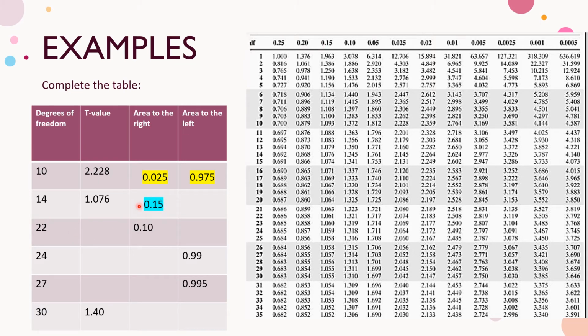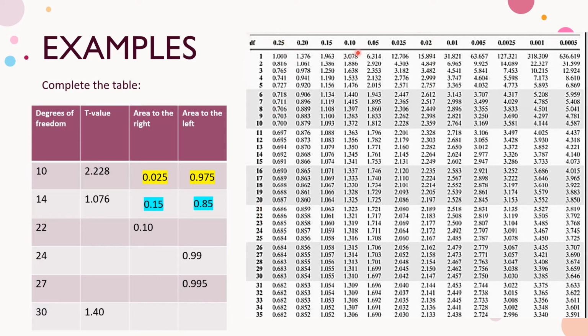So we can write here 0.15, and the area to the left is of course 0.85 because 1 minus 0.15 is 0.85. For number 3, we are given the degrees of freedom, which is 22, and then the area to the right is 0.10. So we'll do a reverse process. We need to locate 22 degrees of freedom, which is on this part, and then we need to get 0.10 as the area.